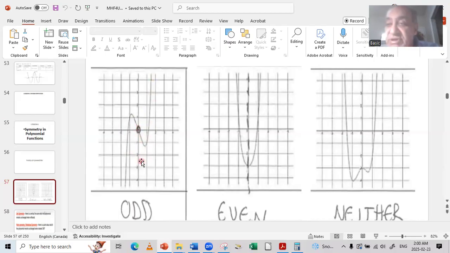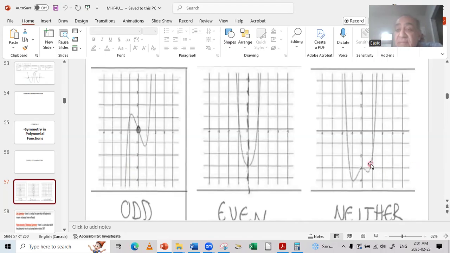That they are similar to each other. So this part here is similar to this part, exactly. For that reason, we say asymmetry. So here the odd means the power is x power 1, or x power 3, or x power 5, or x power 7, etc.